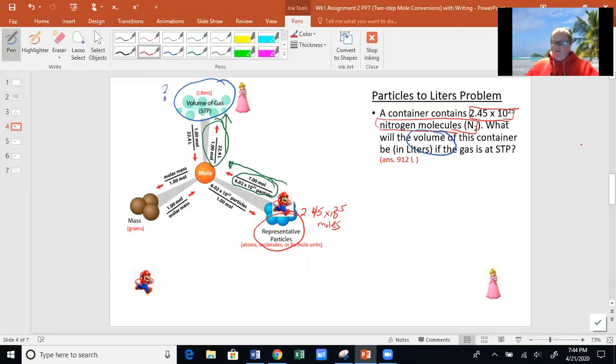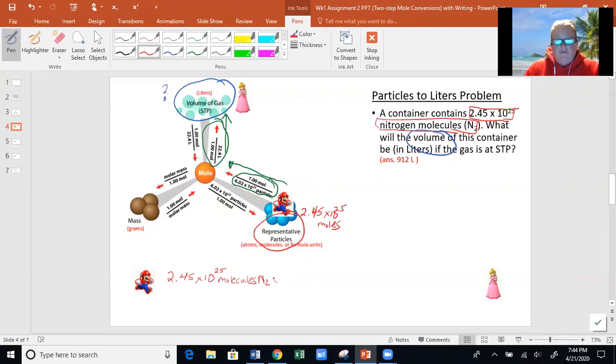So I'm going to start by writing down what's given. This might get a little sloppy down here because it's kind of tough on the pad that I'm using. I have 2.45 times 10 to the 25th molecules of nitrogen. I have to write molecules because I can't write "mol."